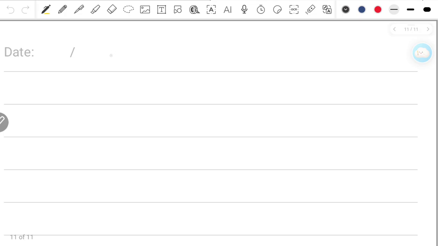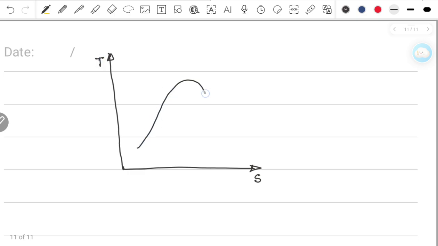Now if you remember, we had this cycle, this is entropy, then temperature. This is your boiler pressure, this is condenser pressure.